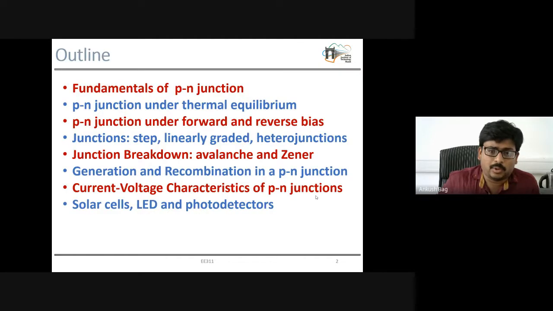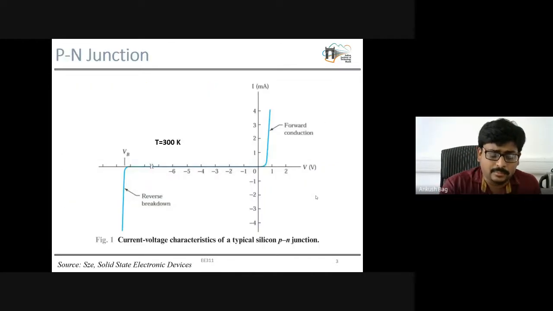So this is the broad outline of this particular module as per the syllabus we have on this PN junction. And now, I think you all know the typical current voltage characteristics of a silicon PN junction diode. So this is the forward biased characteristics. When our diode is forward biased, we have a large current flowing through the device.